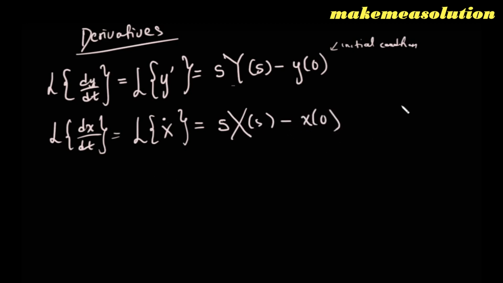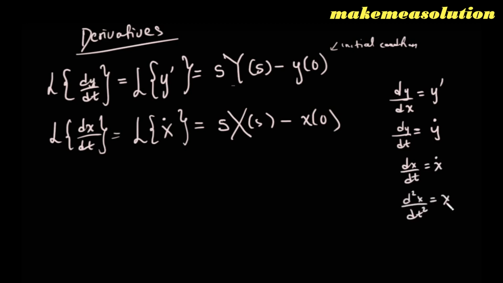Normally in mathematics, I just want to tell you a secret that nobody will actually tell you. When you have dy dx, by convention you should call it y prime. But when you have dy dt, as someone into engineering mathematics, it is more professional to call it y dot. So dx dt is x dot, and d2x dt squared is x double dot.